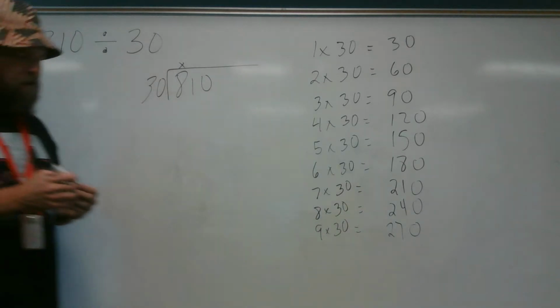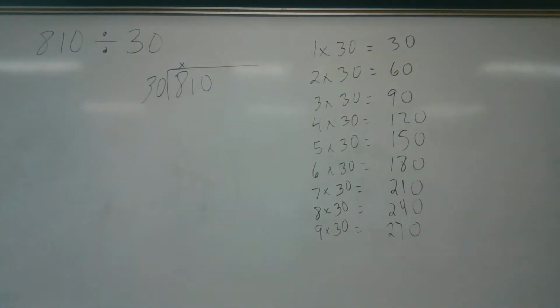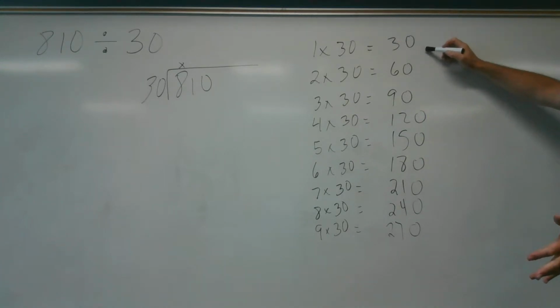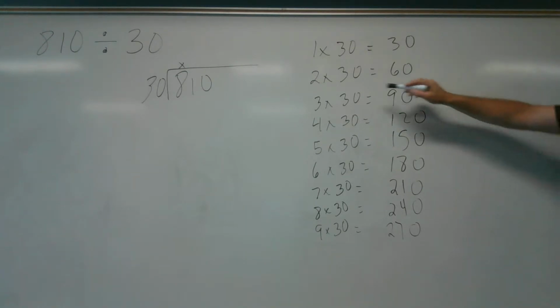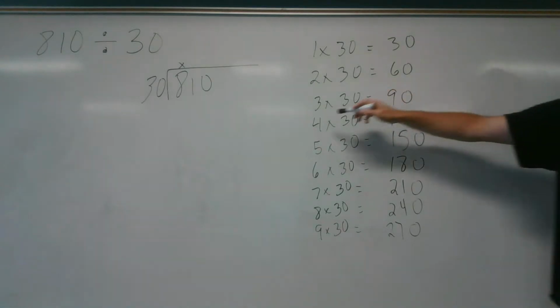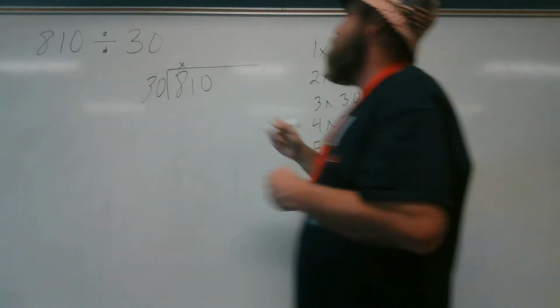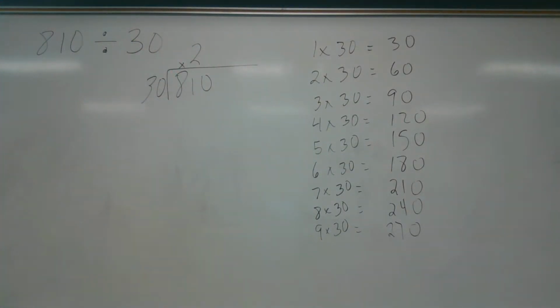So I look at my multiples of 30 and I want to get as close to 81 as I can get without going over. 2 times 30, because that's 60. Can't I get closer? No, because 3 times 30 is 90. So I need to have 2 as my quotient there.